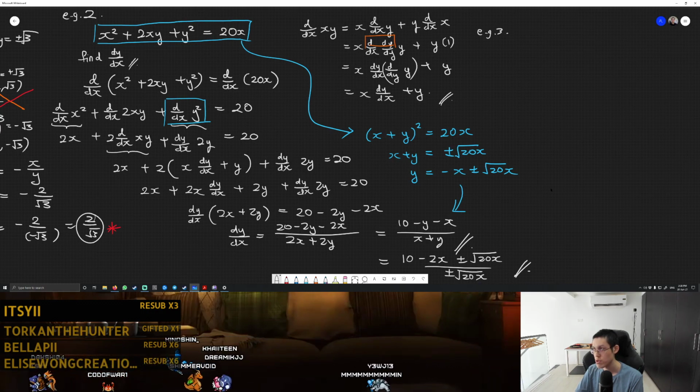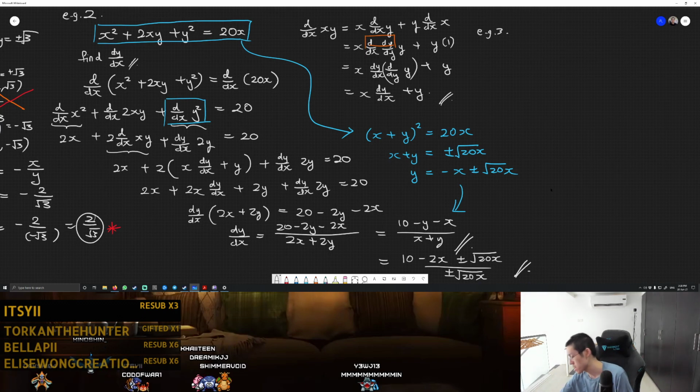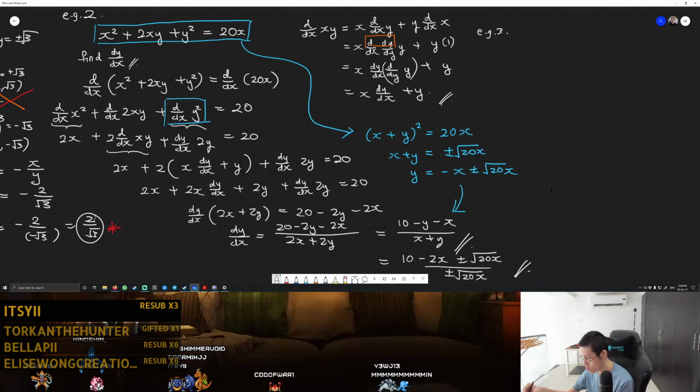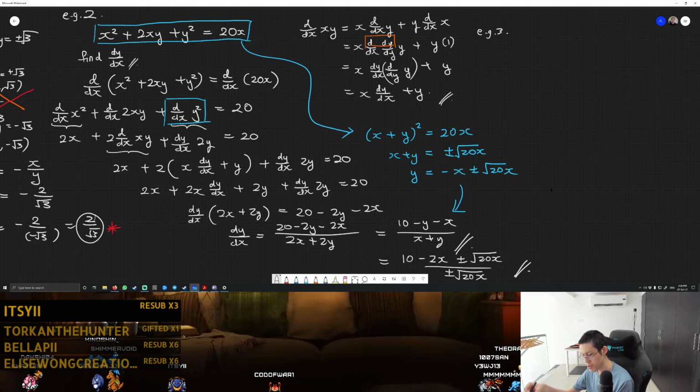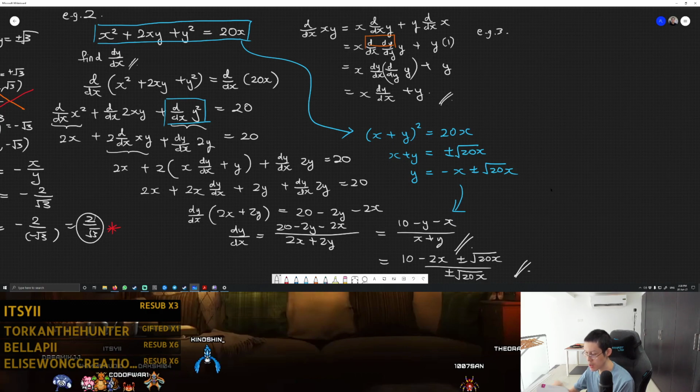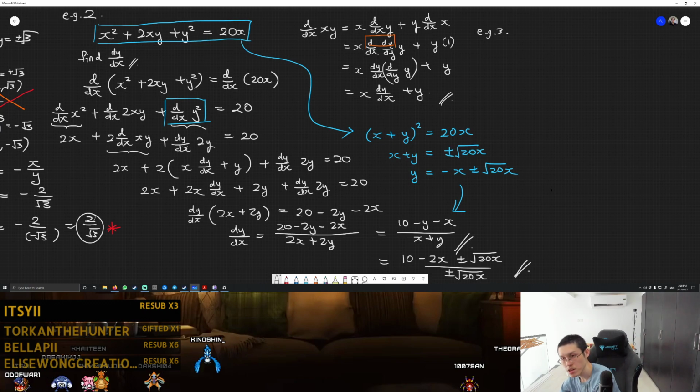Do they usually introduce a quotient rule? Quotient rule is kind of rare though. Let me see if I can find an example from the textbook. Yeah, come to think of it, I don't think they would actually ask you to use the quotient rule for this one. However, I wouldn't put it past them. I'm going to come up with a random example. Let me think.